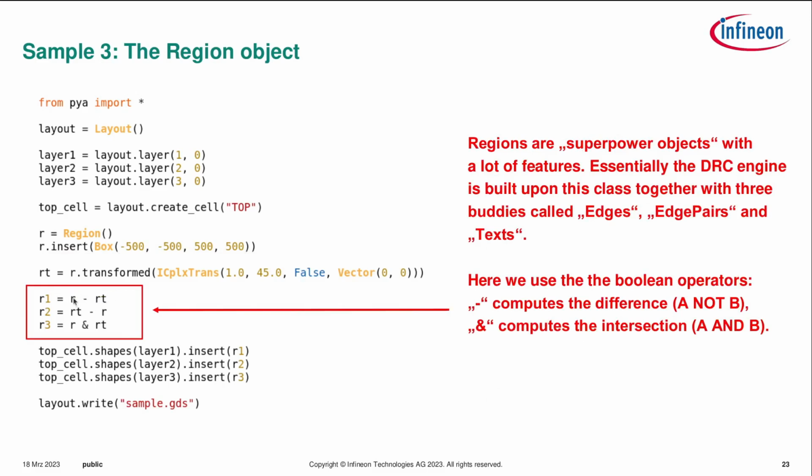So it will take all the shapes from R and subtract all the places where RT is present, so the rotated square. And we do the opposite, so we subtract R from RT, and then we compute the intersection, which is indicated by the end. So this is a Boolean not, and this is a Boolean and. And then we insert these 3 regions into the 3 different layers and save the layout.